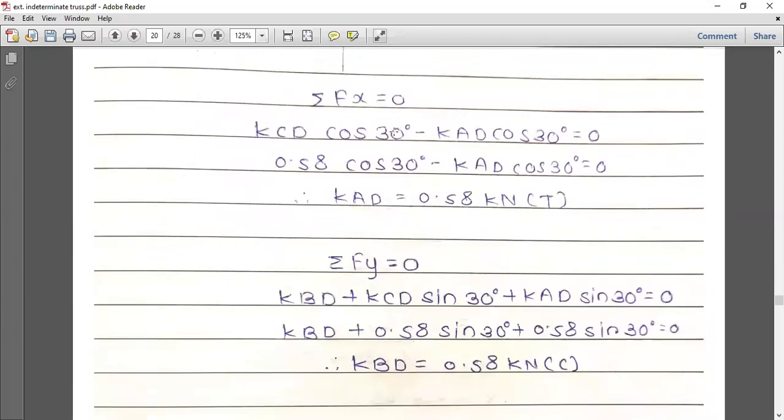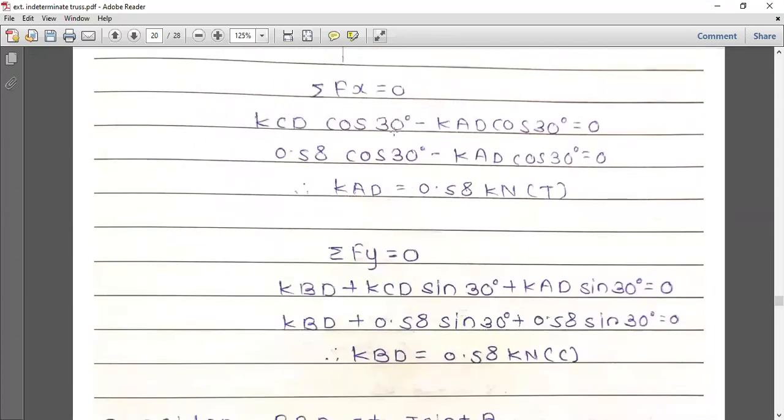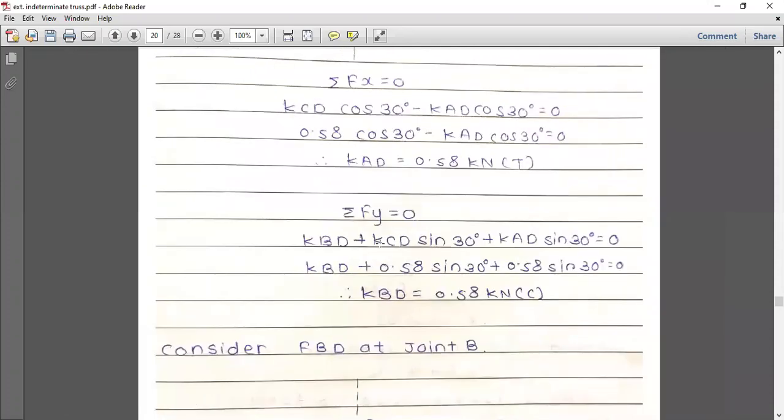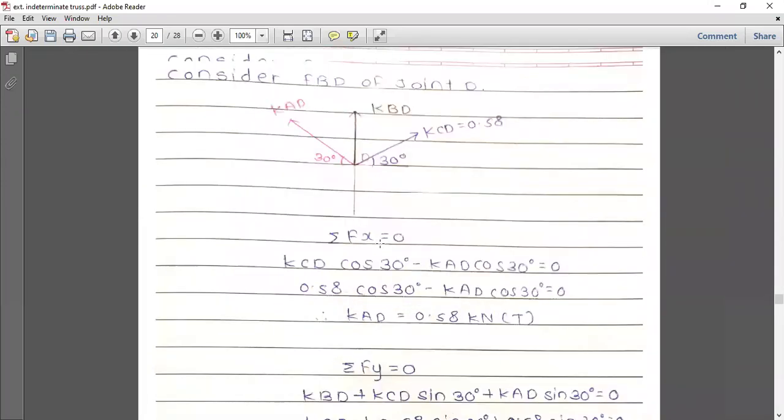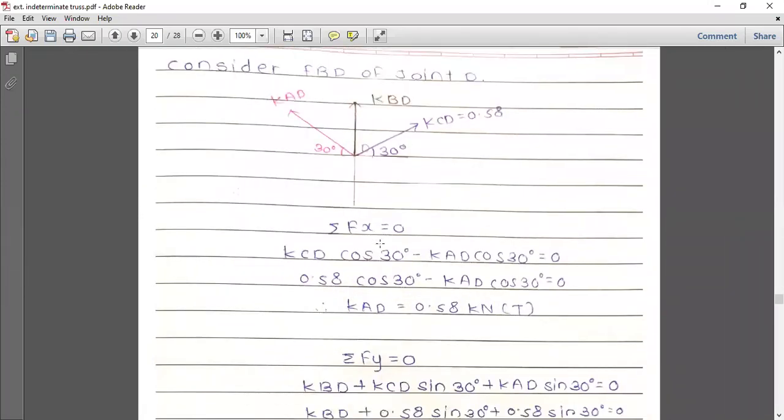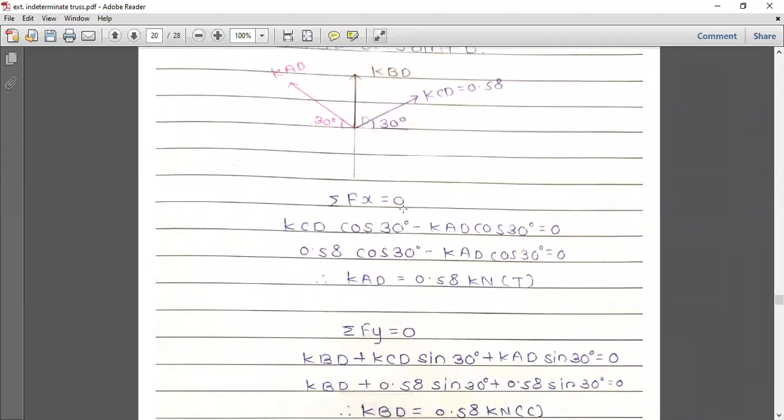We are getting the force in member BD. Just apply summation Fy equal to 0. So plus KBD plus KCD sin 30 plus KAD sin 30.